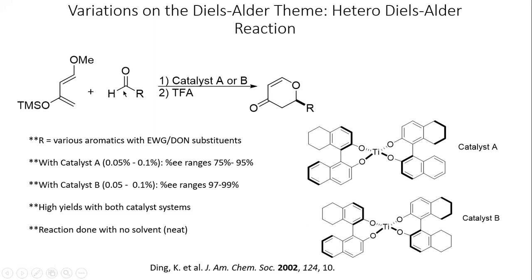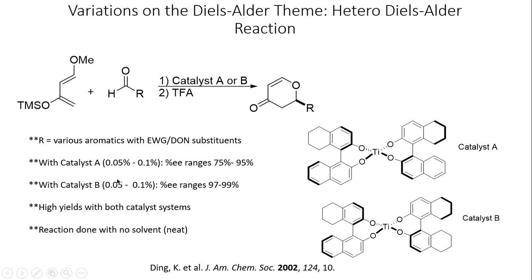So R can be aromatic, it can be substituted aromatics with electron donating groups, electron withdrawing groups. The range of your catalyst loading, again, when we talked about catalysis, this is important, is 0.05 to 0.1%, which is huge because that means if you need to scale this reaction up, you can.